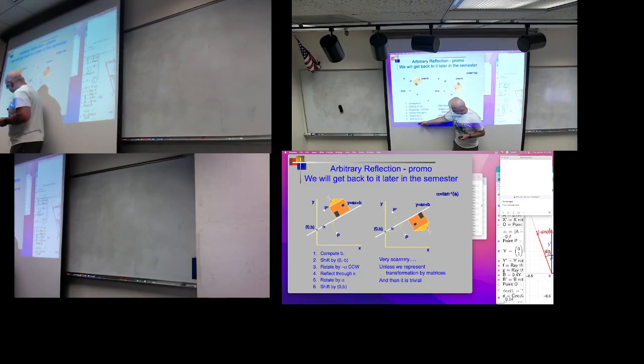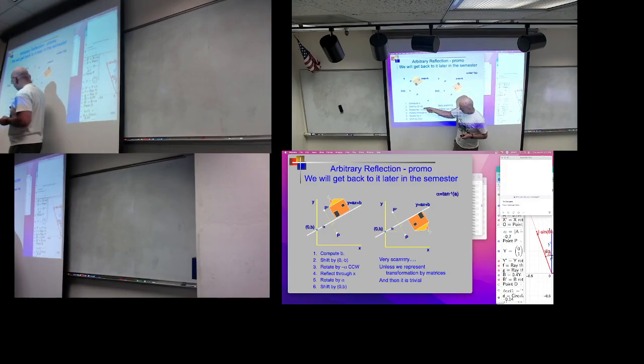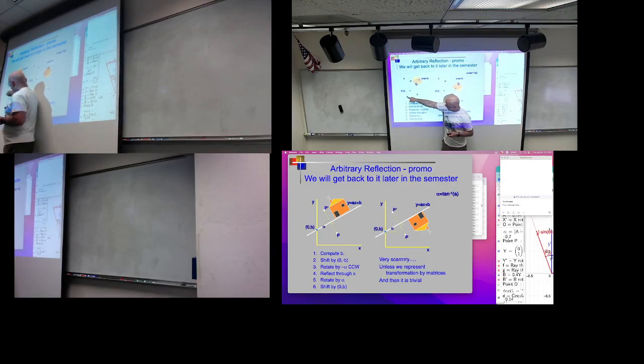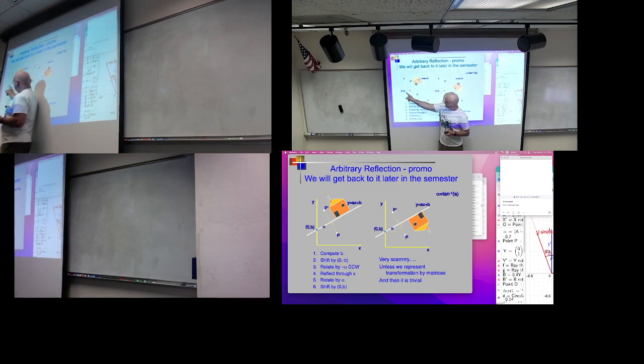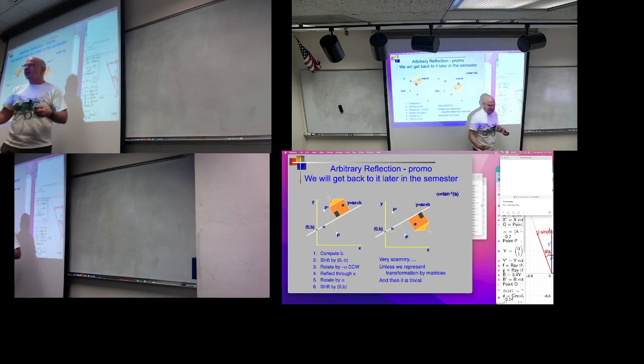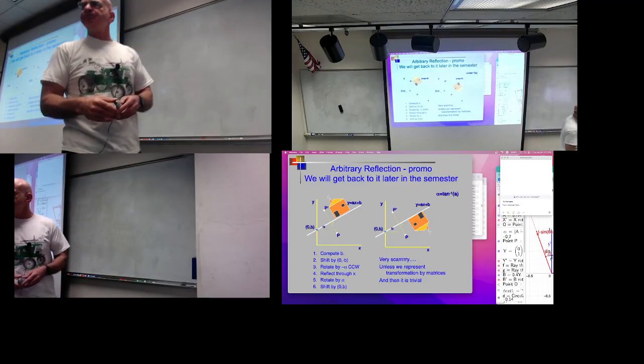That is, I ended by rotating by minus alpha. My next step will be rotate by alpha. The order matters. The first one was shifting by minus b. Now shift by positive b. So we are putting the line back. The only change is that this line is still in the same place.